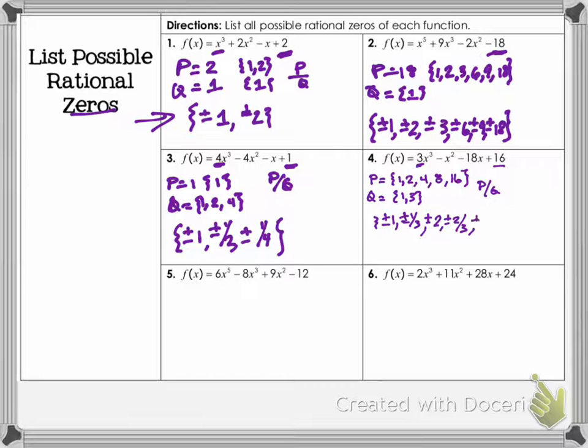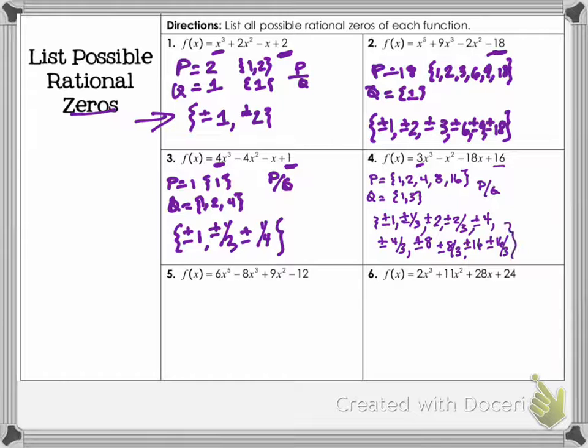And then plus or minus 4 over 1, so that's 4, and plus or minus 4/3. I have plus or minus 8 over 1, and plus or minus 8/3. Plus or minus 16 over 1, and plus or minus 16/3.